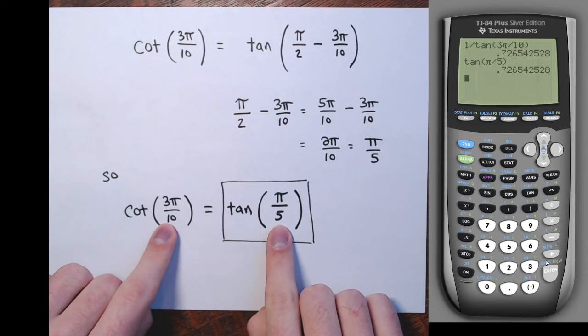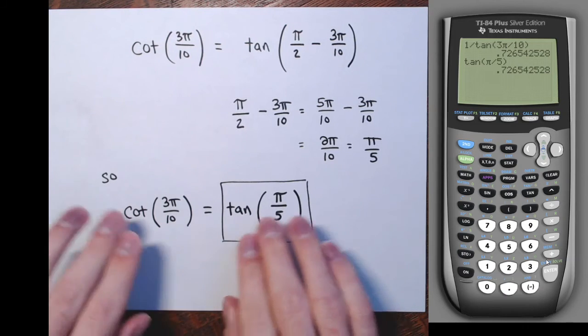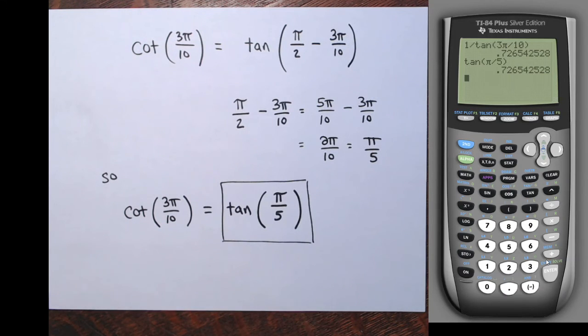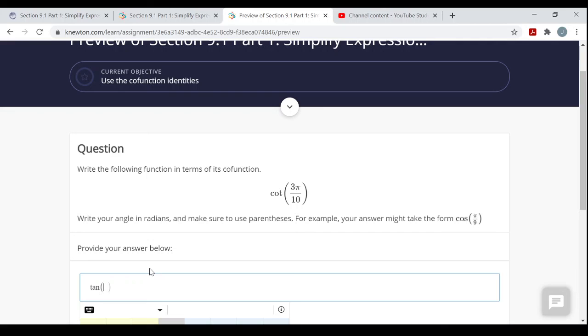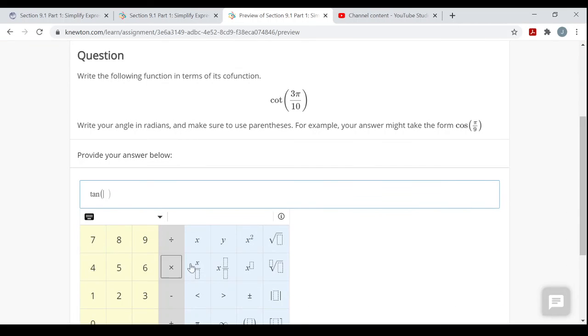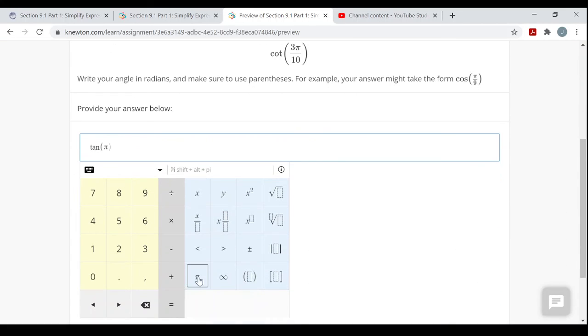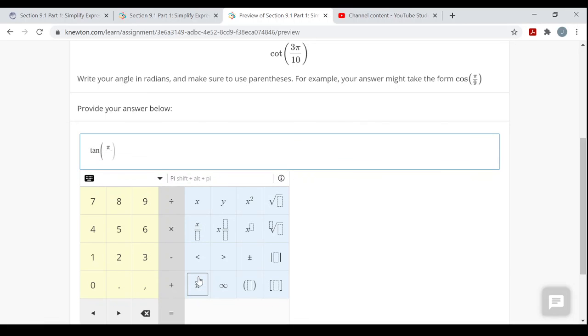They add up to pi over 2, they add up to 90 degrees, the statement will be true, they will be equal. So back on the website, what they're asking us to type in here is the tangent of our angle. So the cotangent of 3 pi over 10 is equivalent to the tangent of pi over 5. So the pi symbol there, pi over 5.